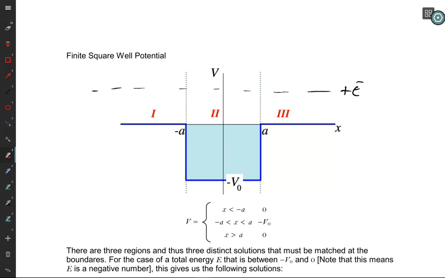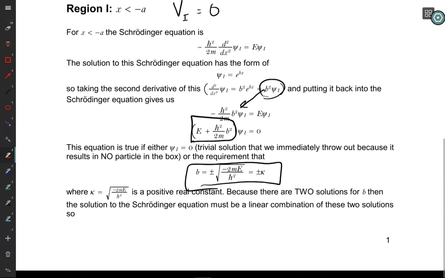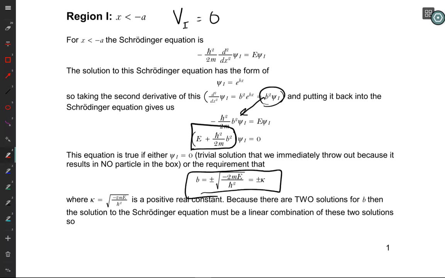You're going to have some reflection, some transmission, but it's not bound. You're not going to have quantized energies, so we're not focusing on that. So we're only looking at this case here, E is less than 0. And so that's why this doesn't have any i in it, because you have minus 2m times a negative value for E. It's a positive. So we have b is plus or minus kappa.